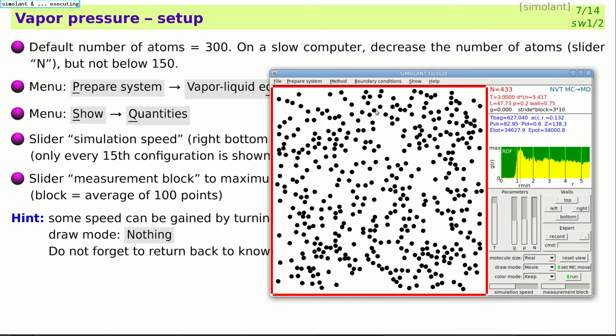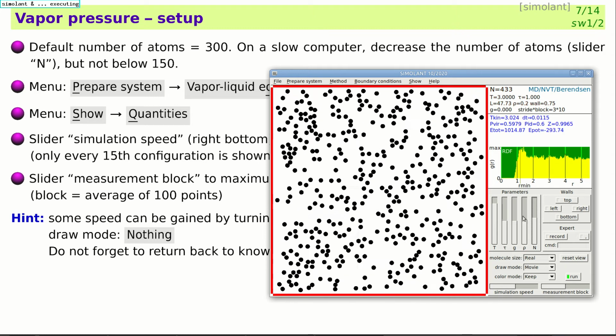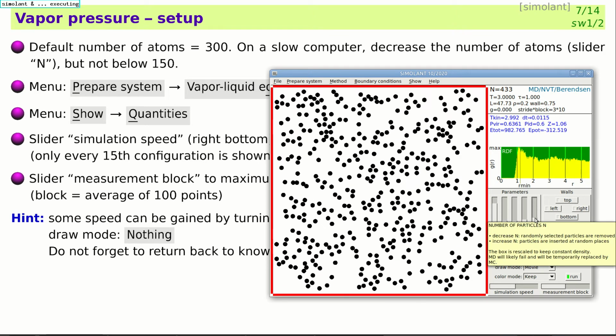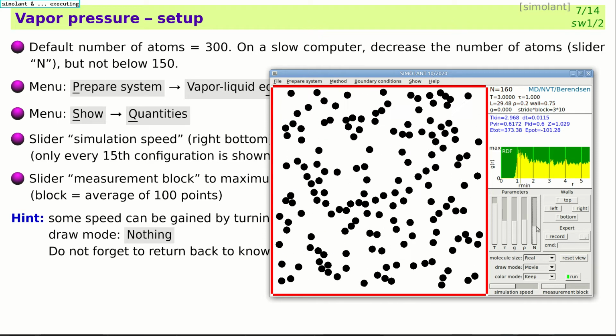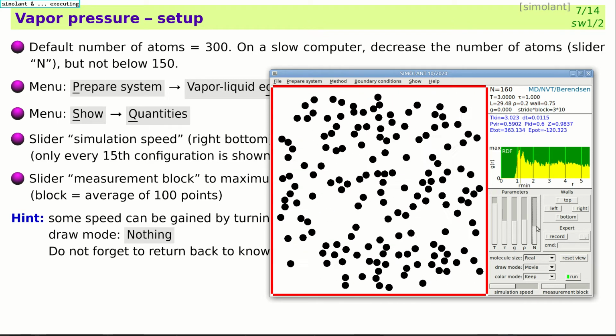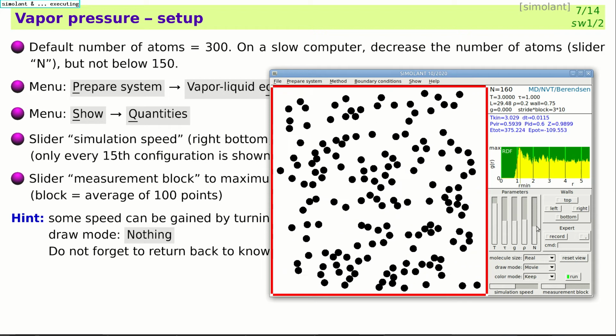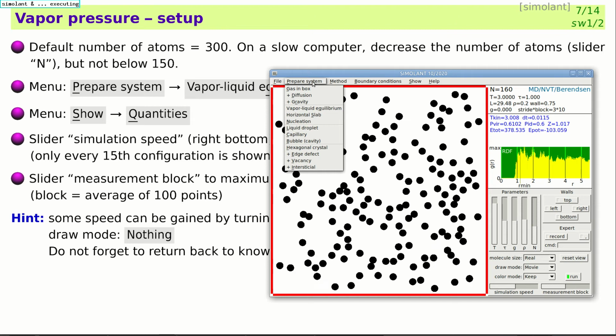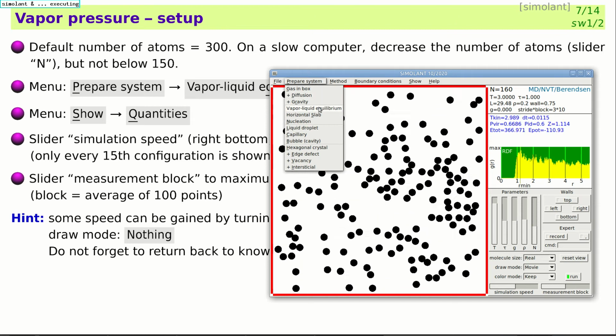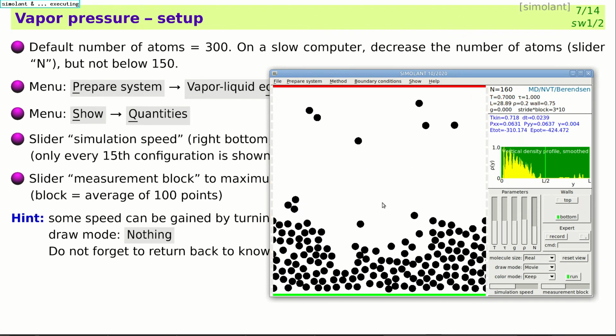You can see that molecular dynamics doesn't survive this. If the simulation is very slow, you can go to a lower value here, but well, 150 is the absolute minimum. Then in the prepare system menu, you will get vapor liquid equilibrium.